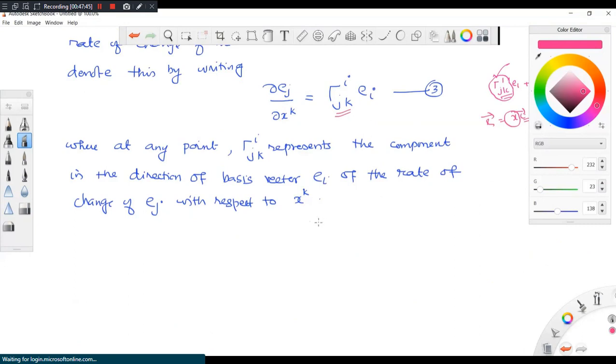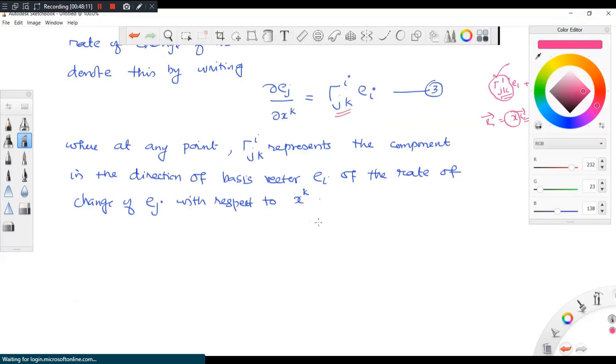So now I have got this as equation 3, and this is the meaning of the notation. Remember that. Now, how many components will be there for this? Can you tell me?